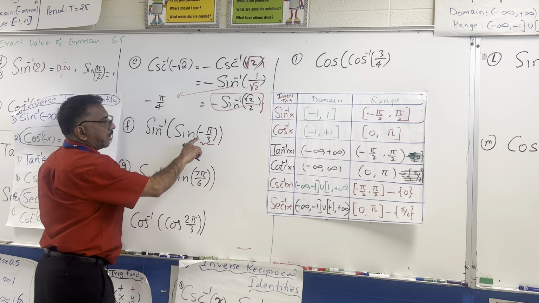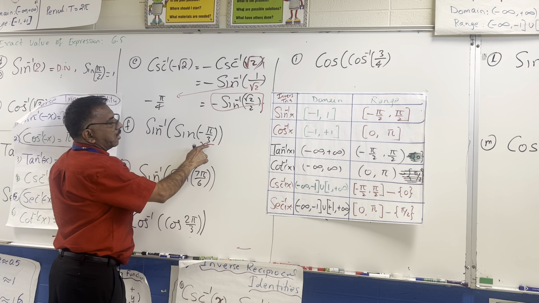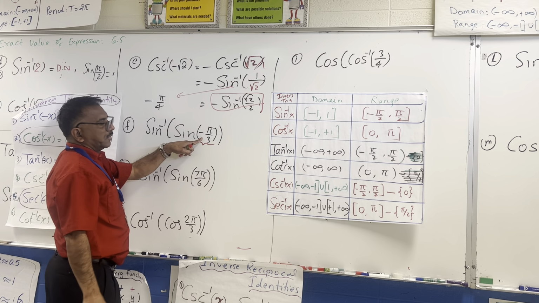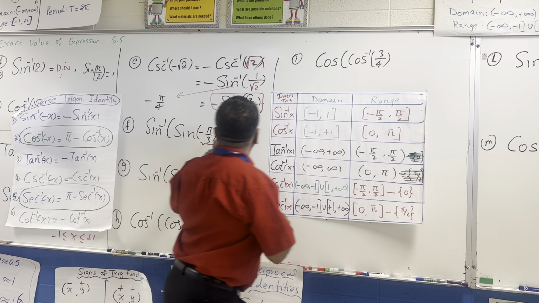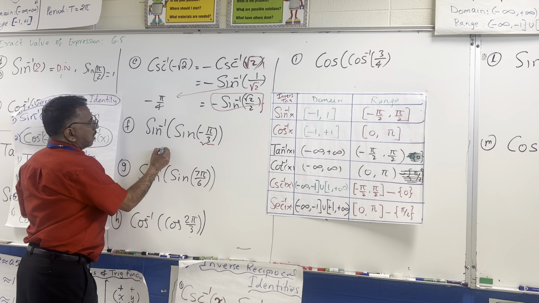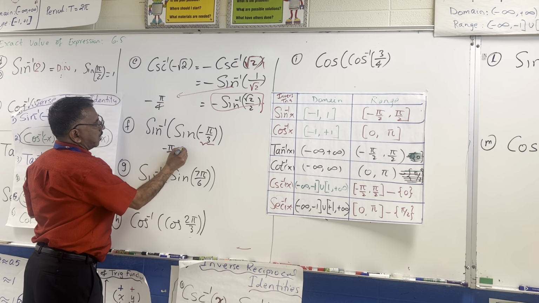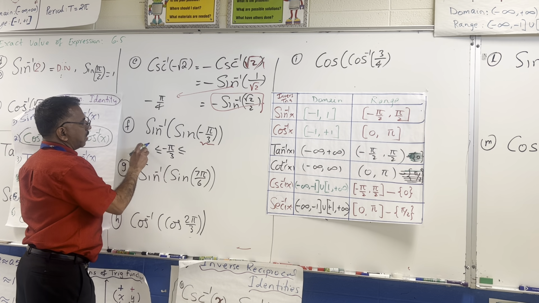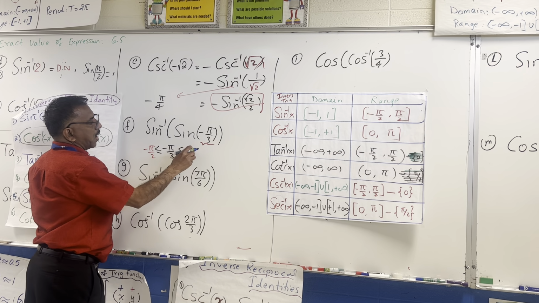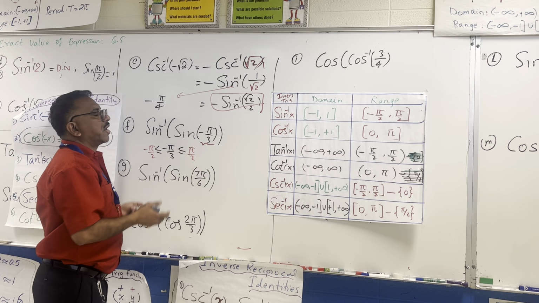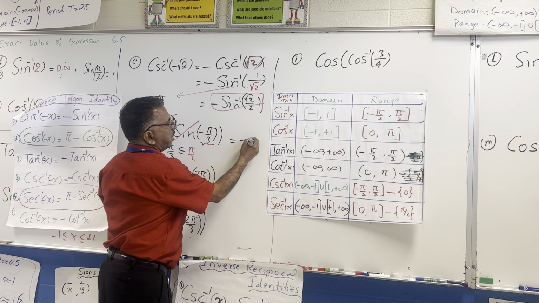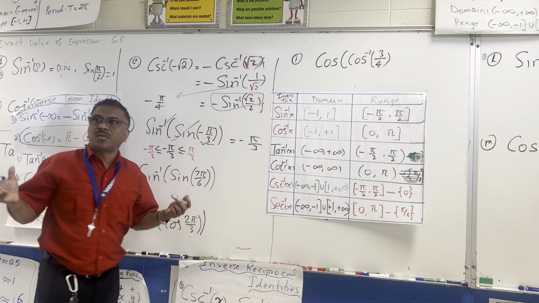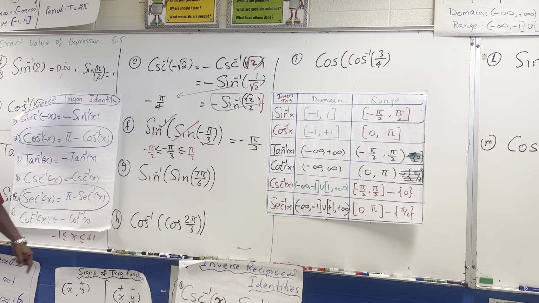So whatever you are taking here has to be part of the restricted domain. And you can clearly see this minus pi by 3 does lie between minus pi by 2 and pi by 2. In that case, you don't have to do any work, you just say, hey, this goes away, and directly get the same thing, and you are done. So simple.